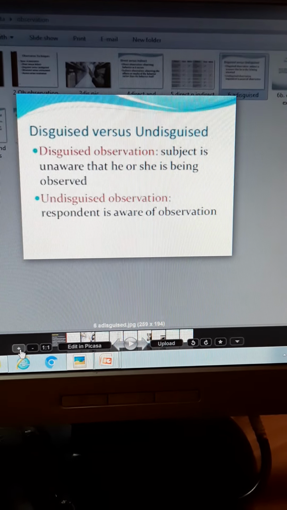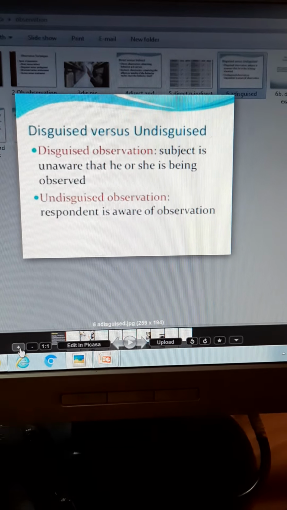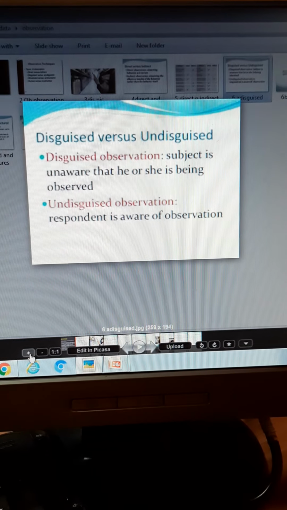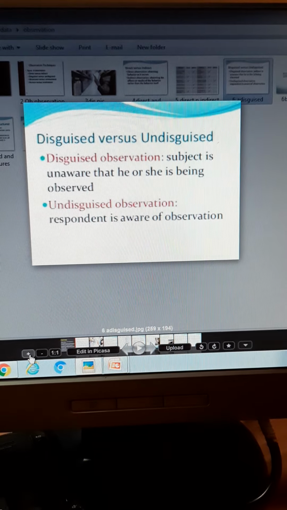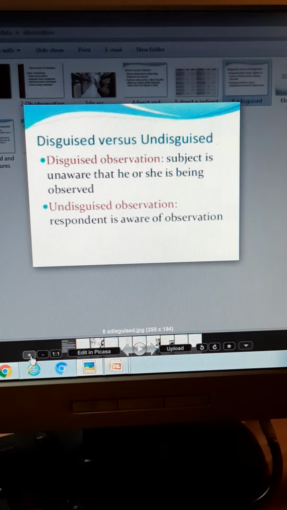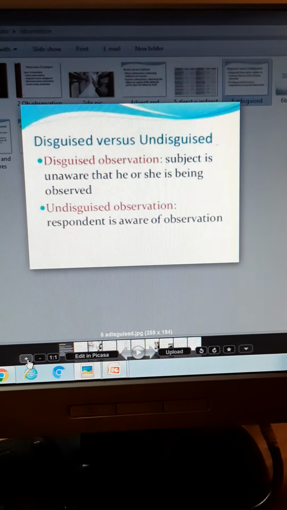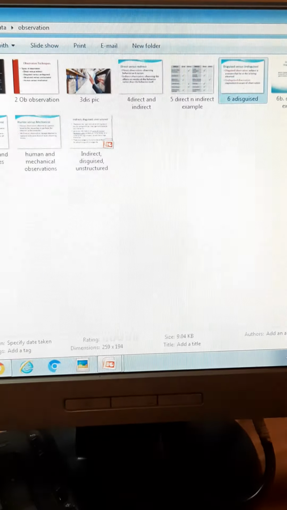That is your disguised observation. Undisguised observation is inspection. There is a clear notification that there is going to be a quality inspection on the 24th of the month, and everybody is ready with that. So it is undisguised observation.